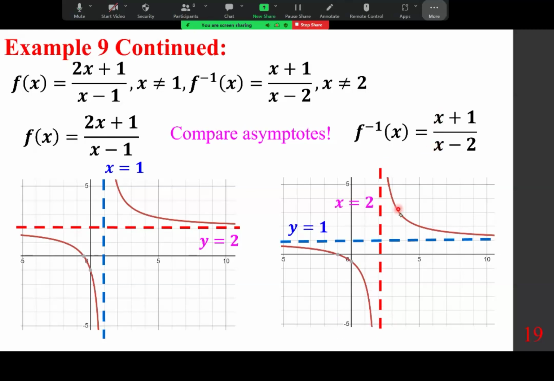And this one, if you set x minus 2 equal to 0, you get x equals 2. So y equals 2 is the horizontal asymptote here, x equals 2 the vertical asymptote for its inverse. So very straightforward, everybody.